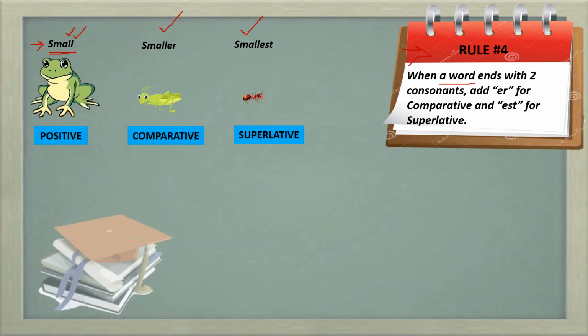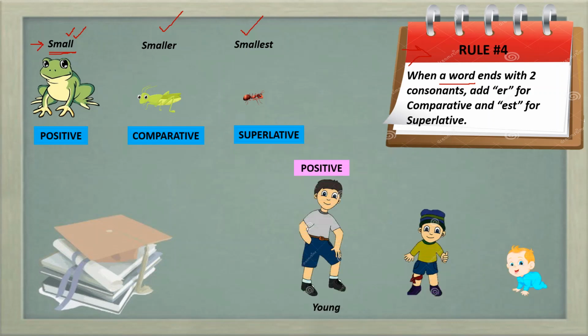Let us look at another example. Here we have the adjective young. Unlike the first example, in this adjective, we have the adjective ending with two different consonants. The first consonant is N and the second is G. But again, since this adjective ends with two consonants, we can apply rule number 4 here as well.